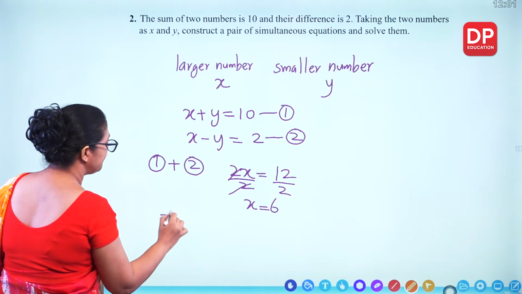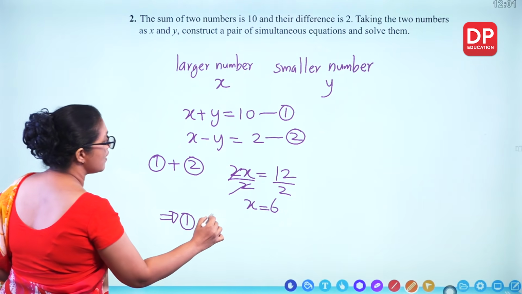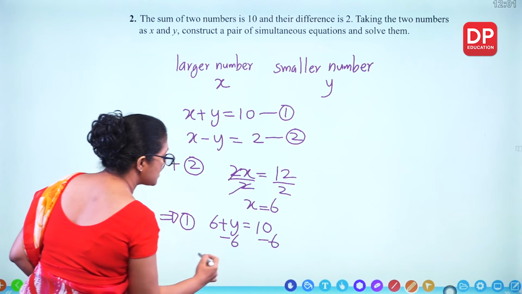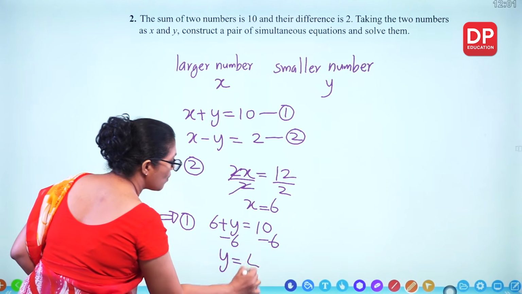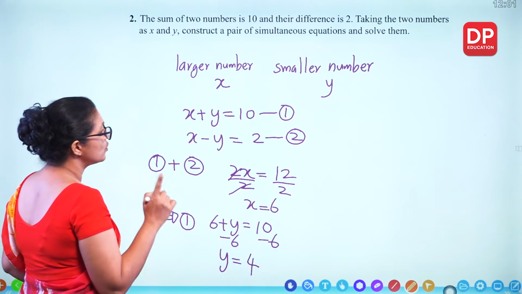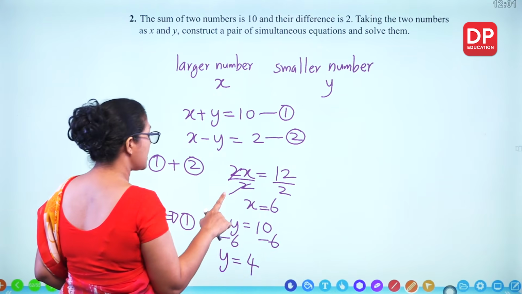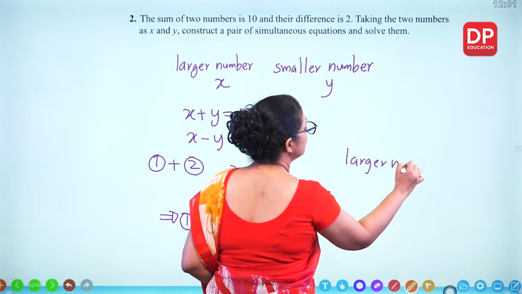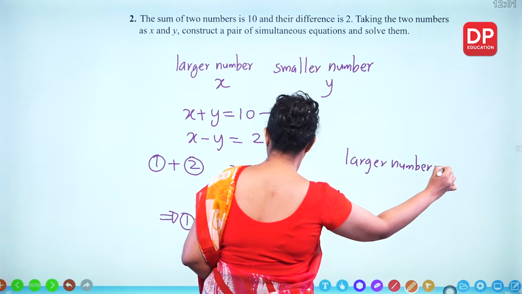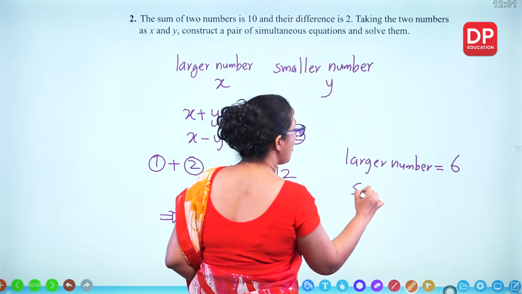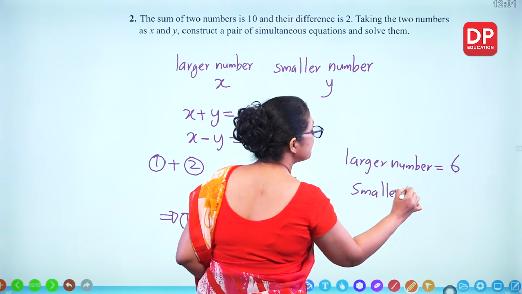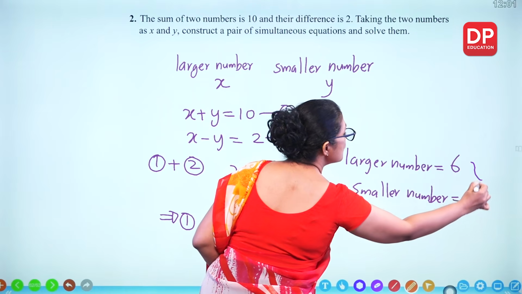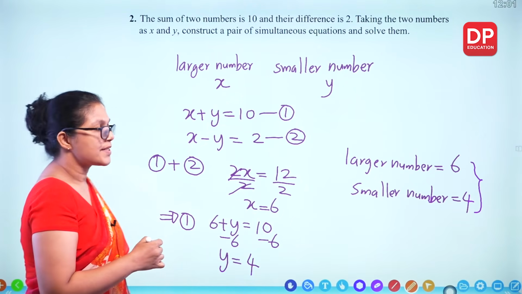Substitute into the first one. You get 6 plus y equals 10. Subtract 6 from both sides. You get y equals 4. So the larger number is 6. Smaller number is 4. So those are the two numbers.